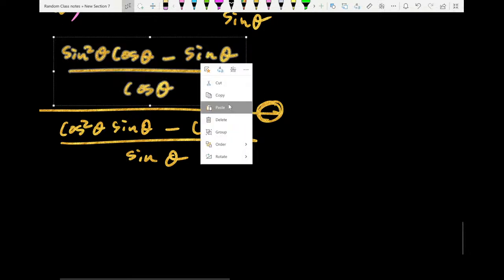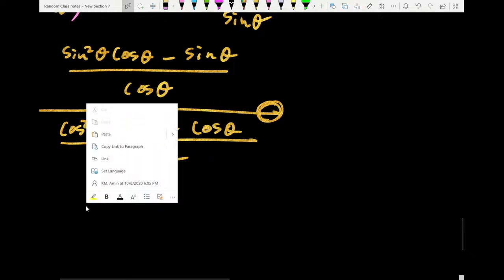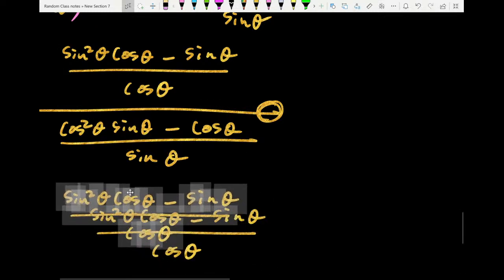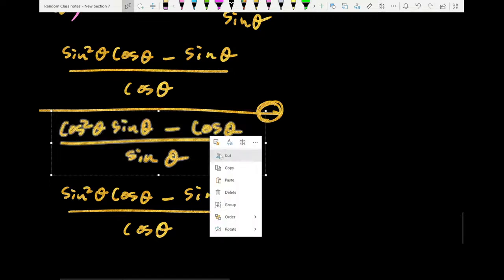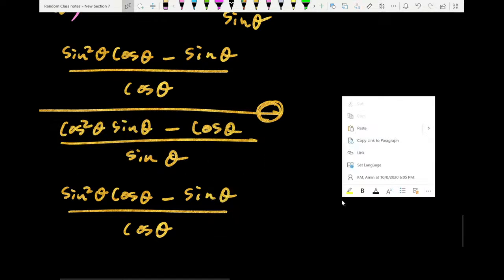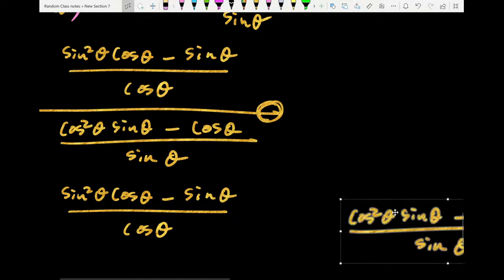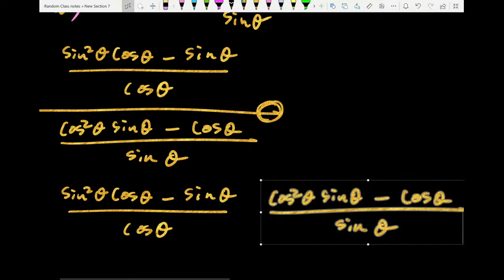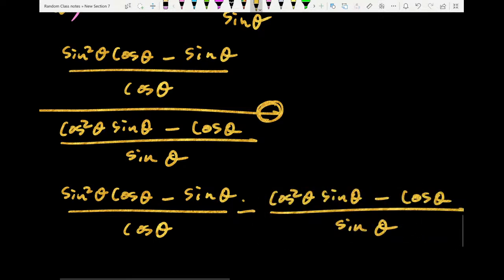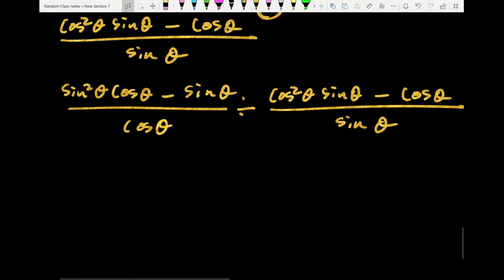It means division. And what do we know about dividing by fractions?